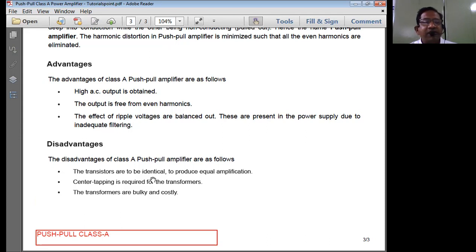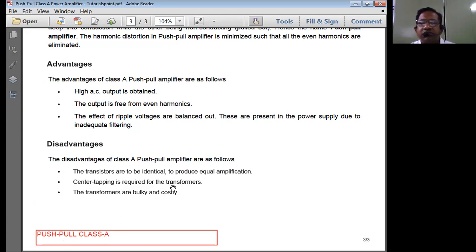Now the disadvantages. The transformers are to be identical to produce equal amplification. Two amplifiers, see, this is the disadvantage in the case of class B push-pull as well. The two transistors should be identical. One more disadvantage of the push-pull type: center tapping is required for the transformers. The transformers are bulky and costly.